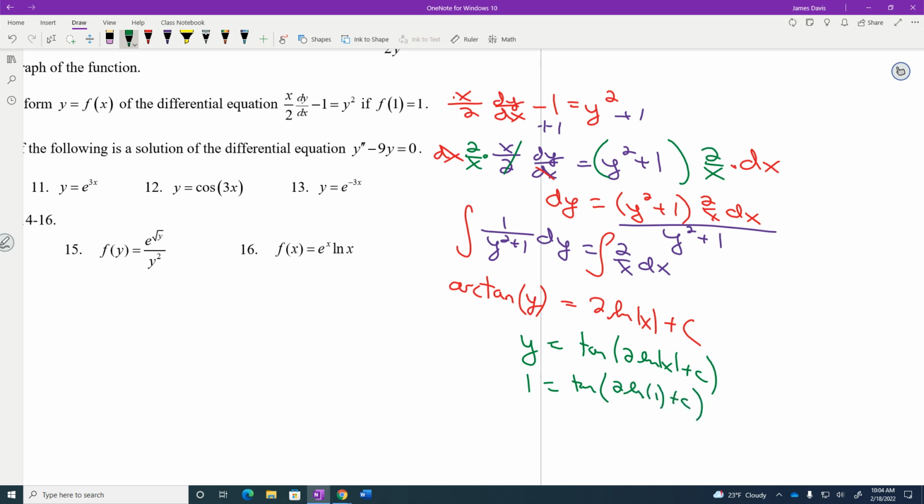The natural log of 1 is 0, so this just becomes 1 equals tan of c. So then we have to do the inverse tan of 1.